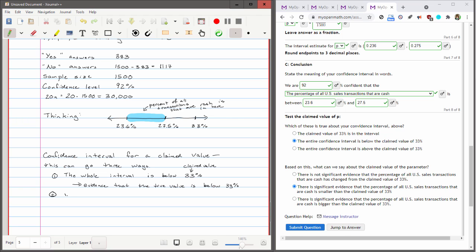We might have the whole interval is above 33. In that case, we would have evidence that the true value is above 33.